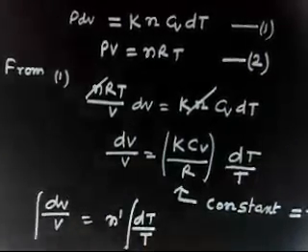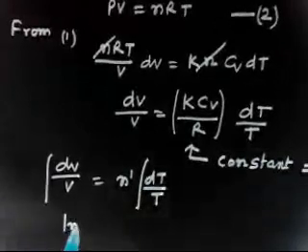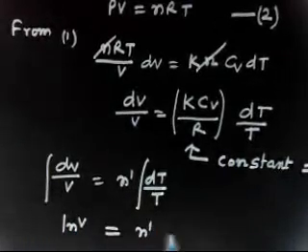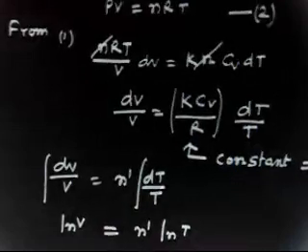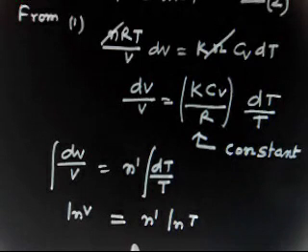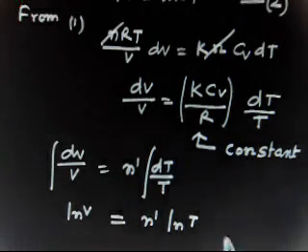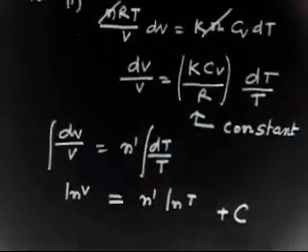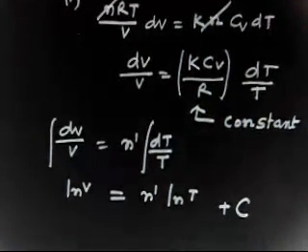Now if I integrate both sides, I will have ln V is equal to n dash ln T plus some constant of integration C, and the constant of integration can be written in terms of ln also.